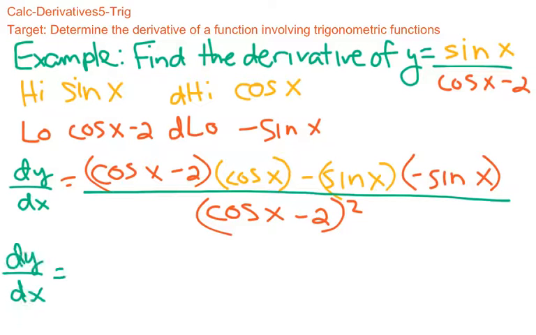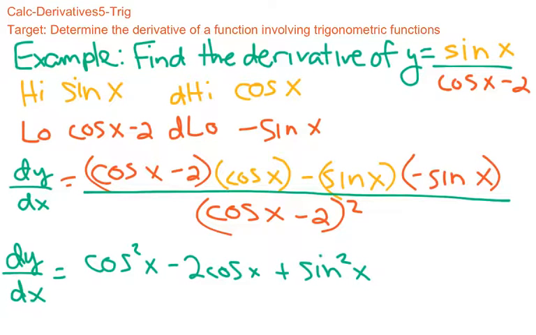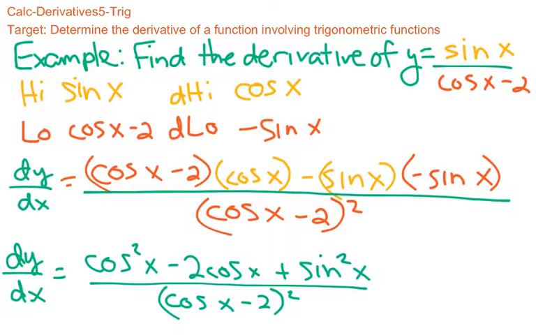Okay. There's not much else to this except for just doing some algebra here, and we get cosine squared x minus 2 cosine x. And then those signs become positive, so we get a positive sine squared x. Oh, were you expecting this to happen? Maybe. And then we get the same thing in the bottom. At this point, you might start to wonder, maybe there's something else going on and we're going to have two different things.